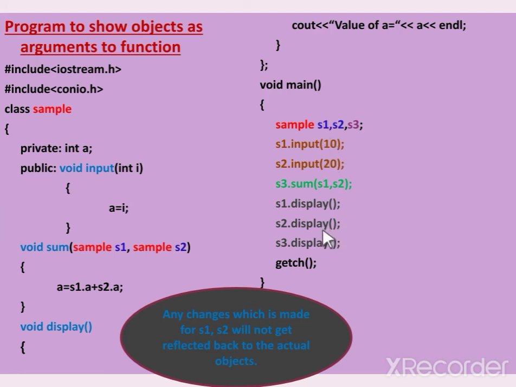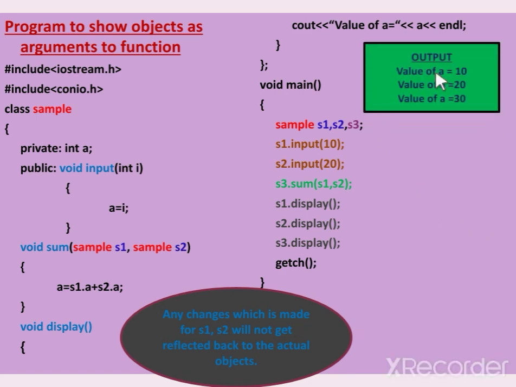Similarly for S2 dot display and S3 dot display, that is the value 20 for the second object, and for the third object S3 it is 30. See, value of A is 10, value of A is 20, and for the third call, value of A is 30.